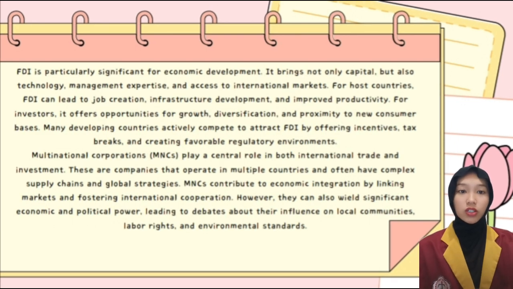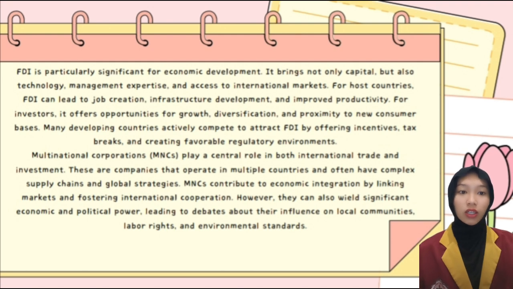However, international trade also comes with challenges and criticism. While some industries and workers benefit from expanded markets, others may suffer from increased foreign competition. For example, domestic manufacturers may struggle to compete with cheaper imported goods, leading to job losses and economic dislocation in certain sectors.